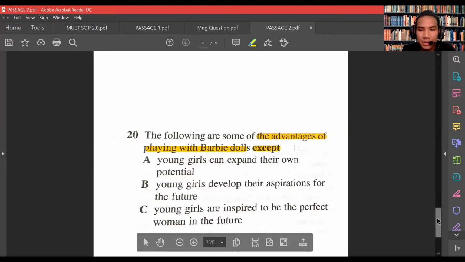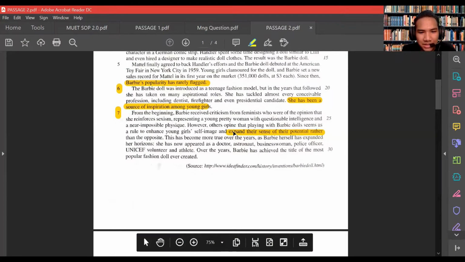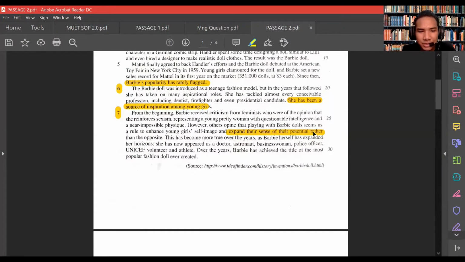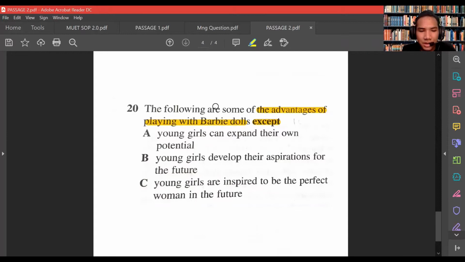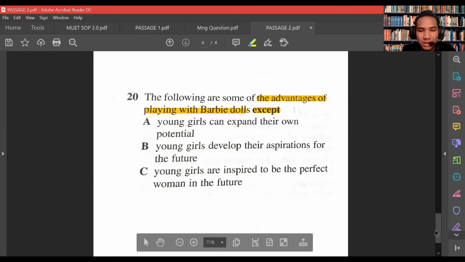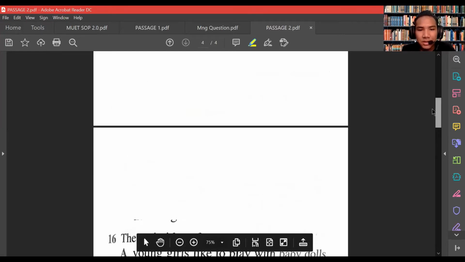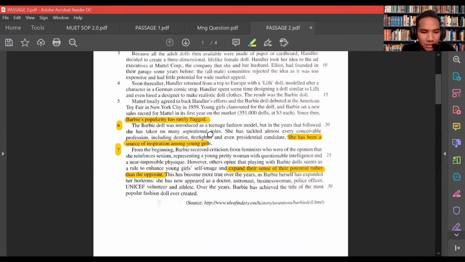Whereas the phrase "expand their sense of potential rather than the opposite" is actually related to the first answer, which is young girls can expand their own potential. However, answer C, young girls are inspired to be the perfect woman in the future, is not even mentioned in the text.